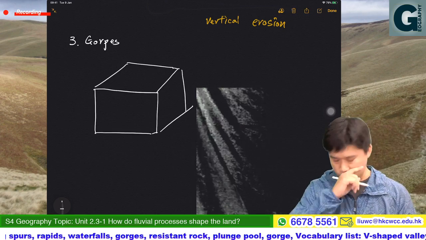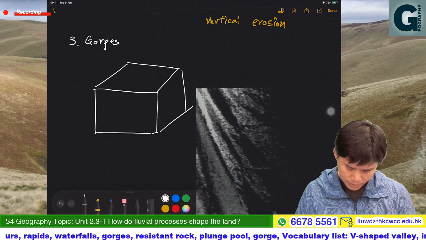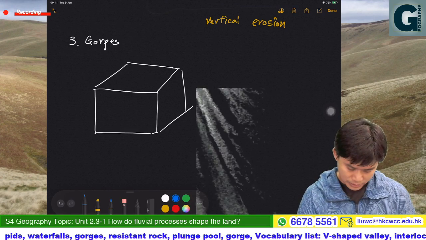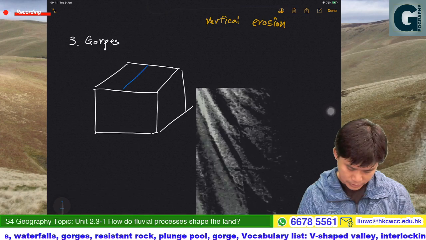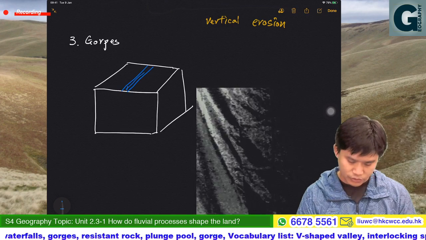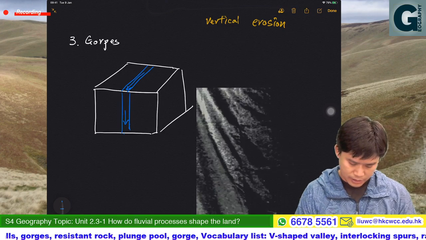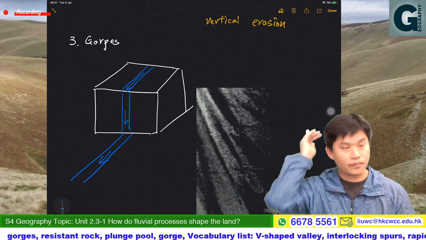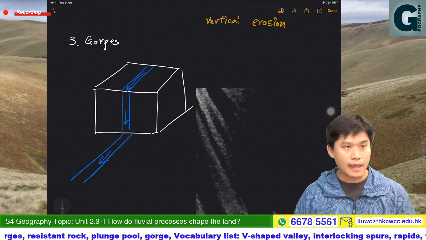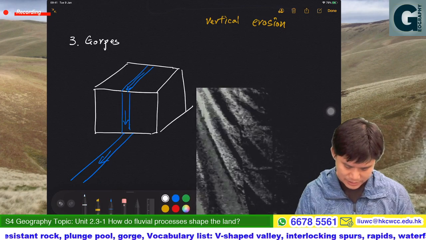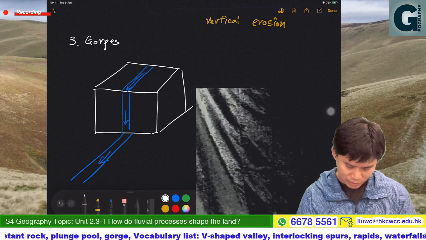Okay, I draw a curve like this. Imagine that there is a waterfall here. Water flows in this direction, and then the waterfall flows to downstream. And we may know that there could be a resistant rock layer here.